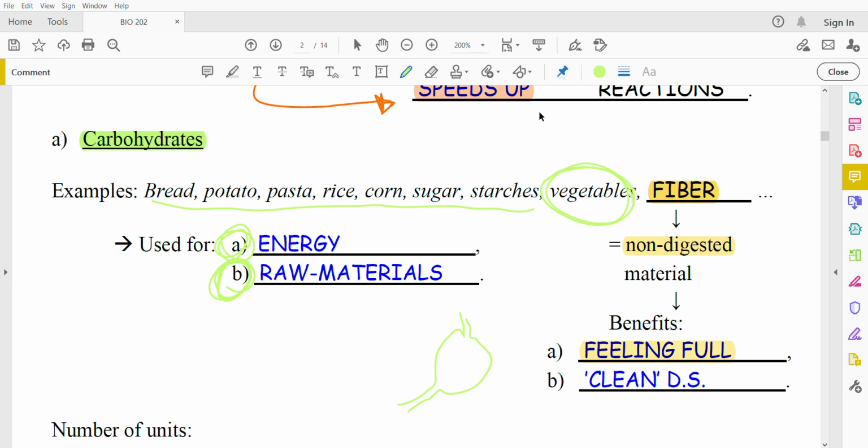But what happens when we eat food and it fills the stomach is that the stomach wall is stretched into various directions. And your body is able to feel this, and your body says, okay, I'm full now, since my stomach is stretched into bigger than what it normally would be. So the fiber here helps us to feel full by doing this physical stretching of the stomach.